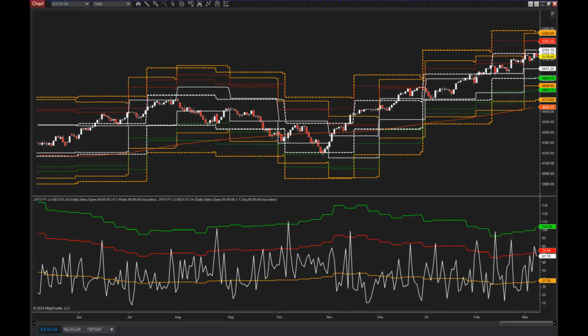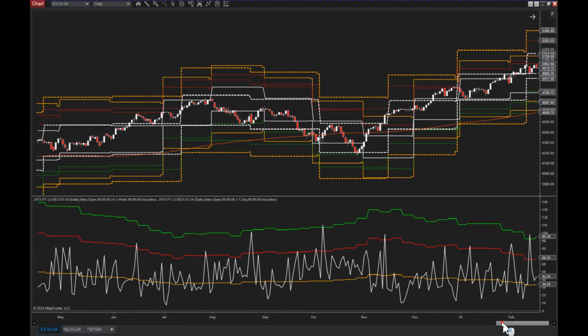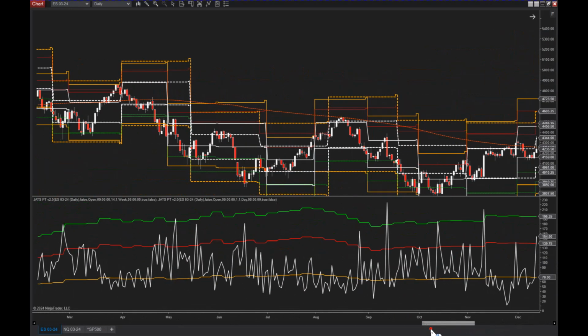So we'll be doing more with our premium selling, and then call spreads also. When the price breaks out on the daily, we can do the call spreads.